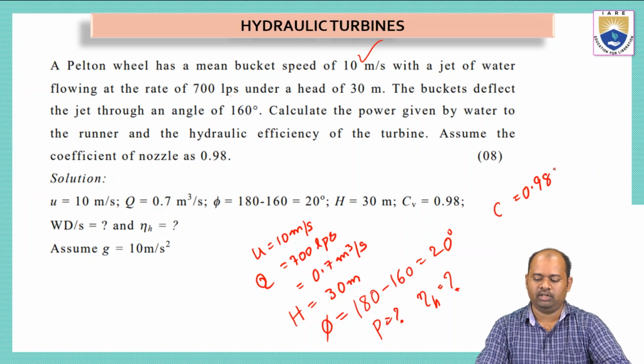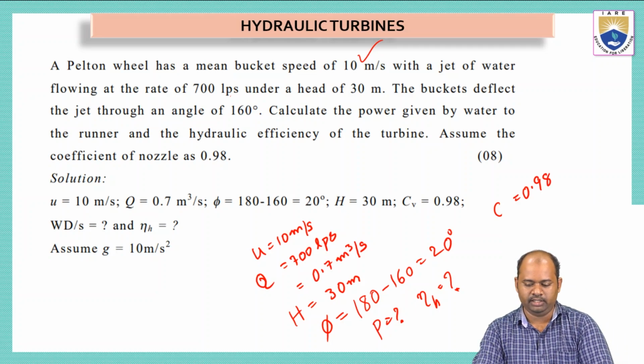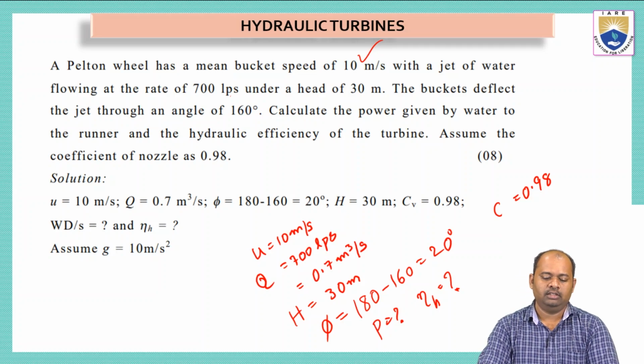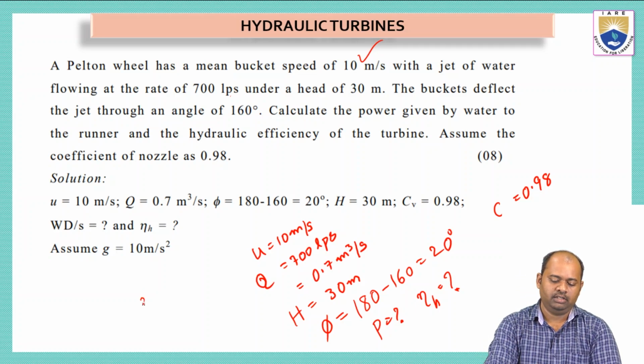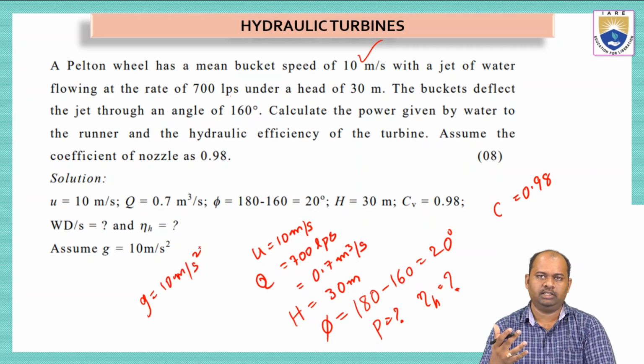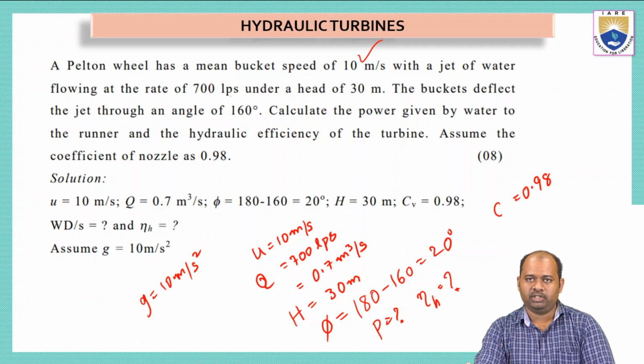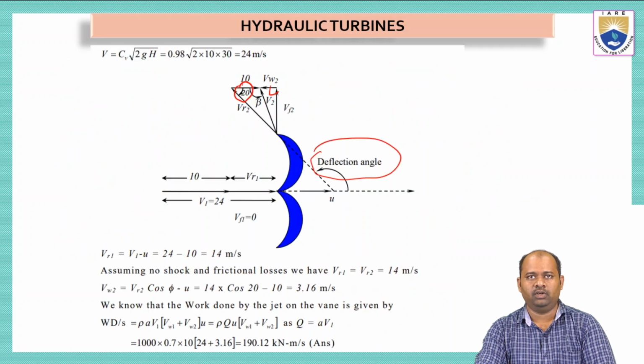So Cv is given in the question, which is 0.98. Now let us try to solve this by assuming the gravity to be 10 meters per second square. Here it is not taken exactly, it is taken as an approximate value of 10 meters per second square. With this we have to calculate the power and hydraulic efficiency.